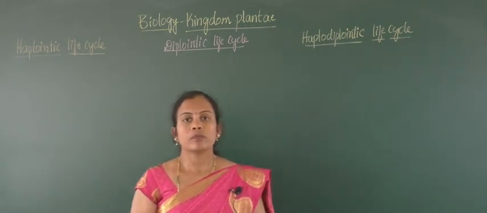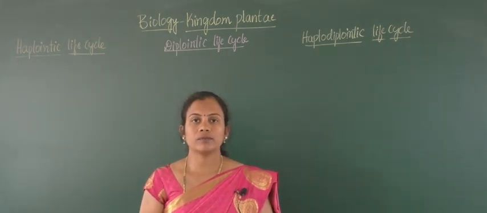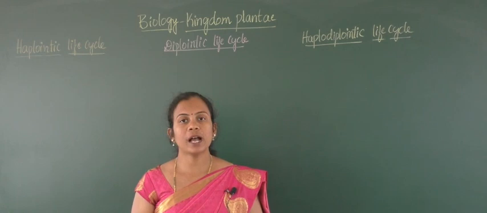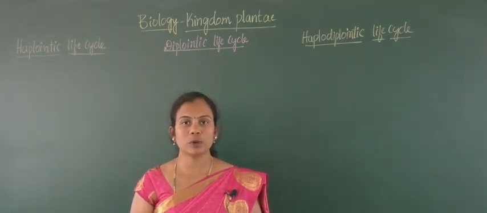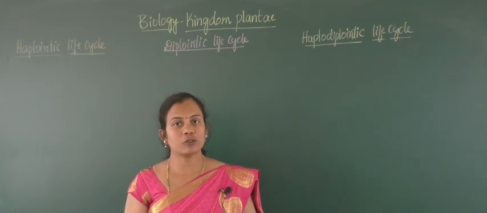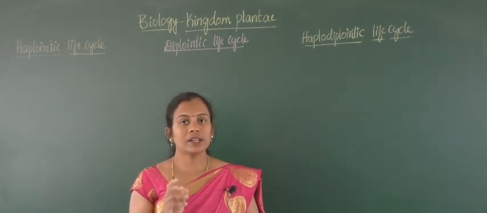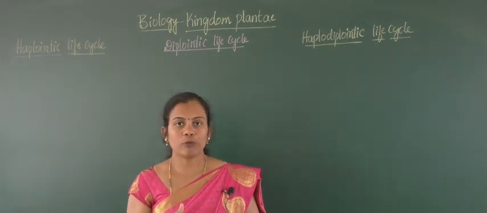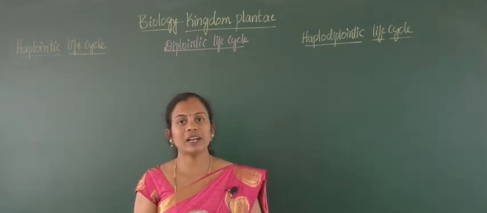As we learned, there are different divisions in the plant kingdom: Thallophyta, Bryophyta, Pteridophyta, Gymnosperms and Angiosperms, and they show different stages of their lifespan. A shorter period will be gametophytic and a larger period sporophytic, or sometimes vice versa.